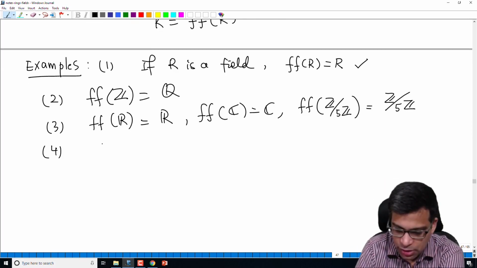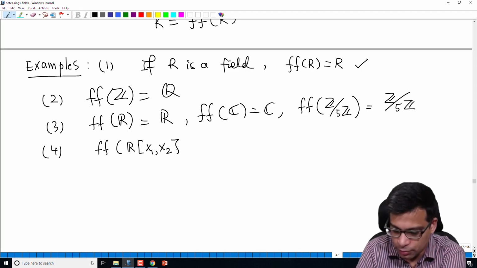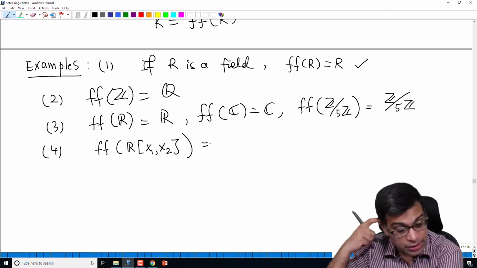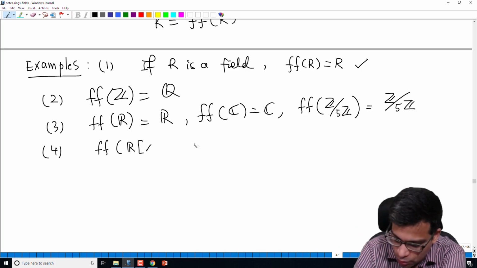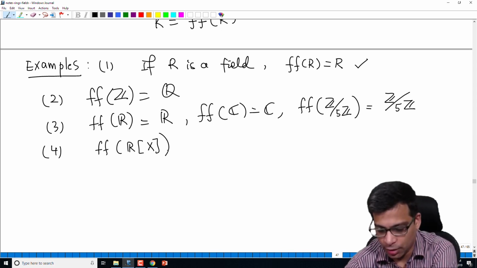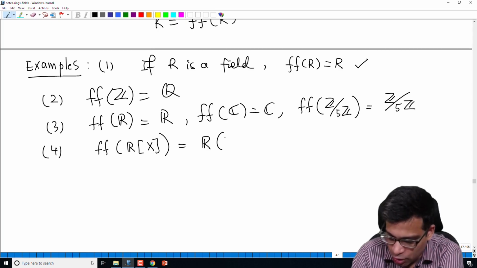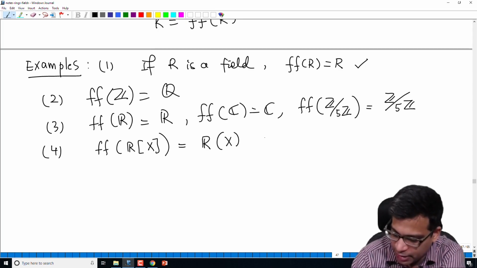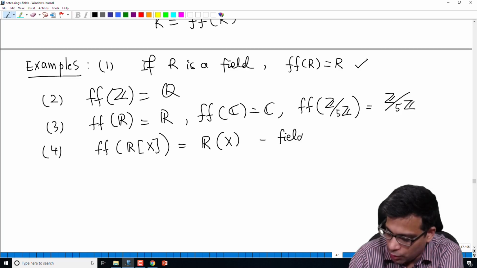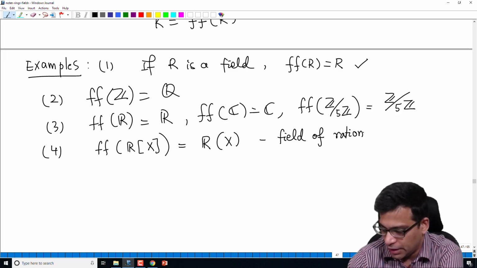Some other examples, what is the field of fractions of, let's say, a polynomial ring in 2 variables? This is important for us. Maybe I should first do the 1 variable case. So you take polynomials over the field R, real numbers. Then this is what I will denote by R round bracket X. This is the first time I am introducing this. This is a very important field.